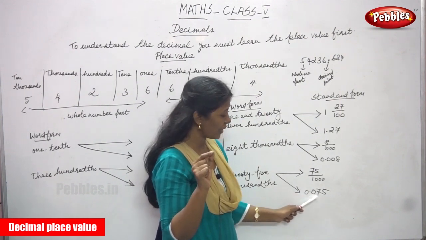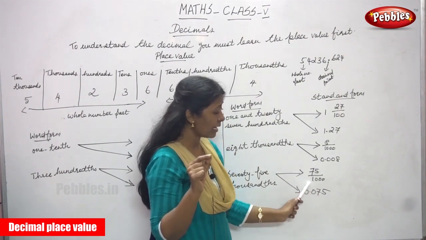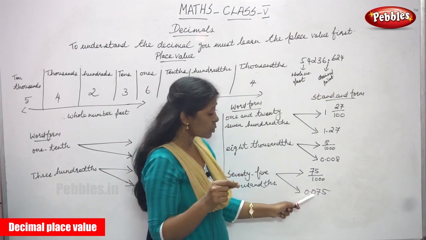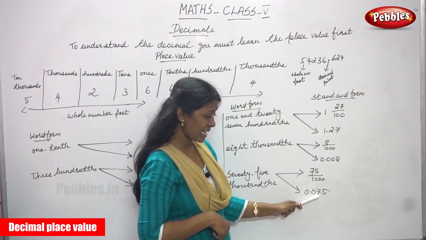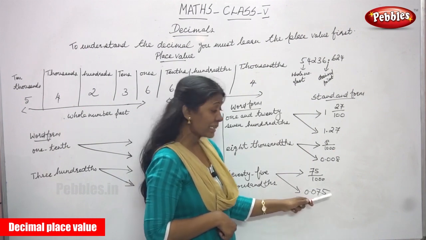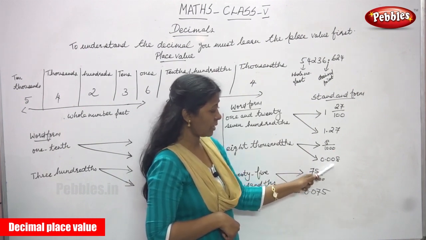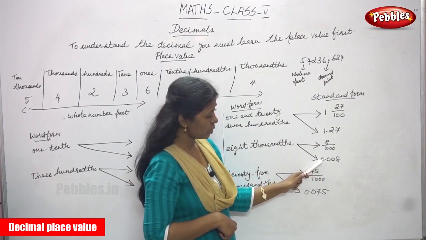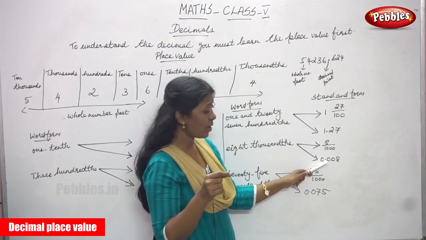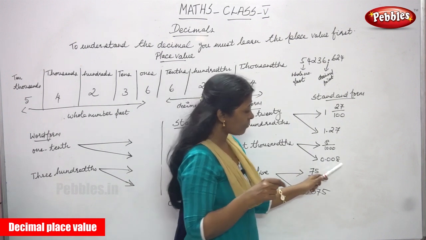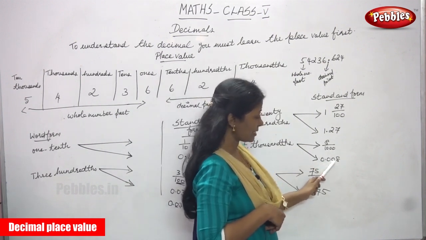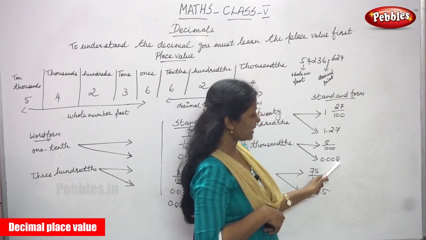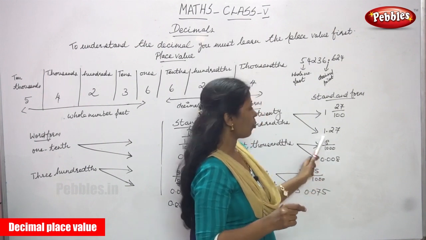After that you have to convert this fraction into decimal. So 0.075: 0 is in the tenths place, 7 is in the hundredths place, and 5 is in the thousandths place. Same here: 0 represents the decimal, and the point is considered as the decimal point. After that the first 0 is in the tens place, the next 0 is in the hundreds place, and this 8 is in the thousands place.